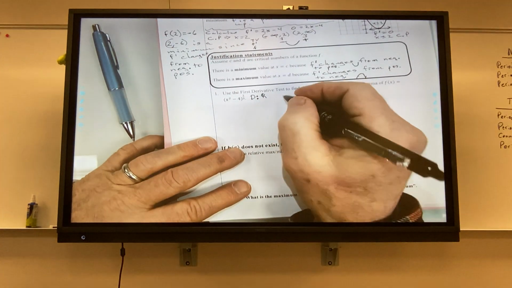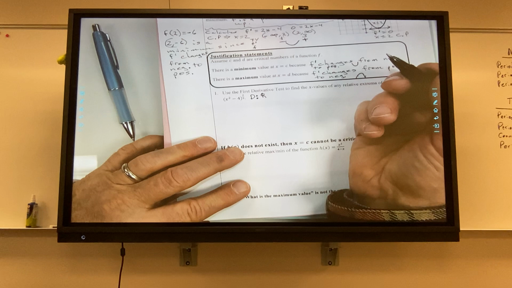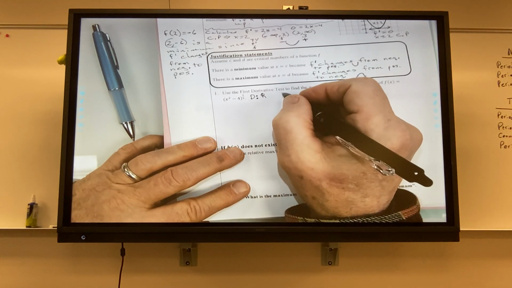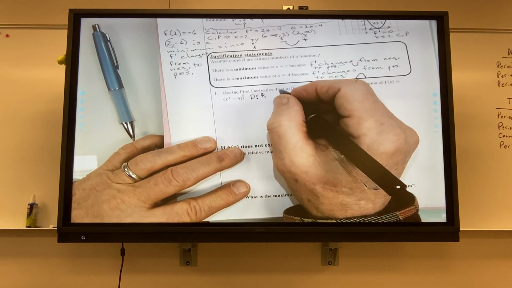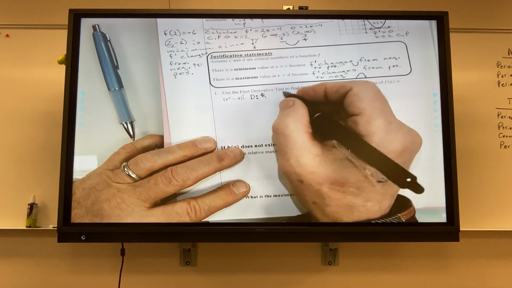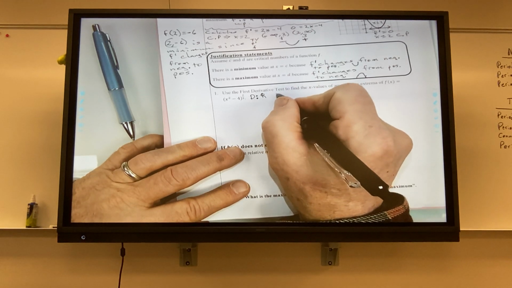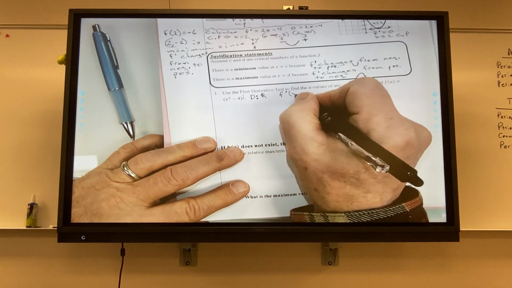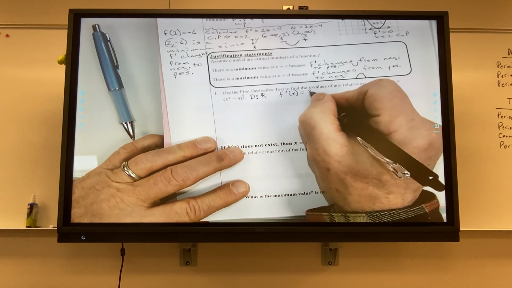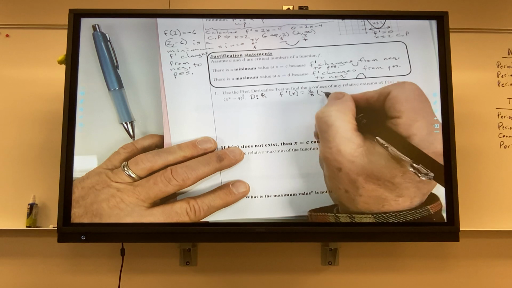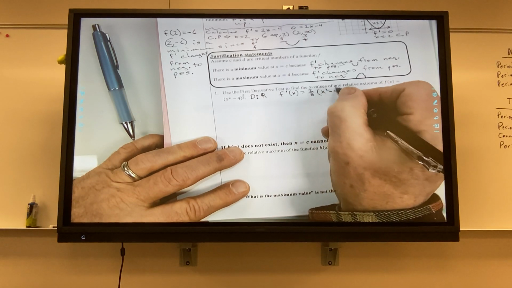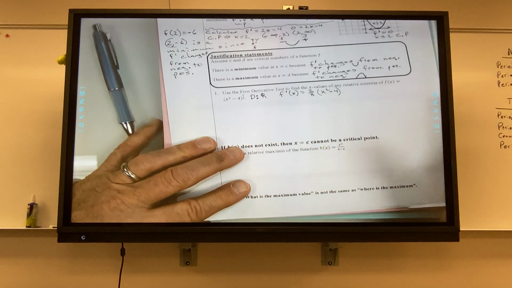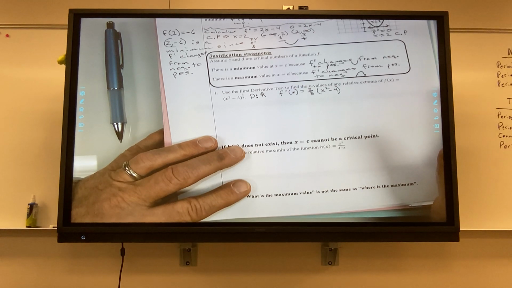Now, the first thing I'm going to have to do, what Ben said, was find the derivative, which is finding the critical numbers, right? So I'm going to say that f prime of x is equal to 2/3 x squared minus 4 to what power, Callan?